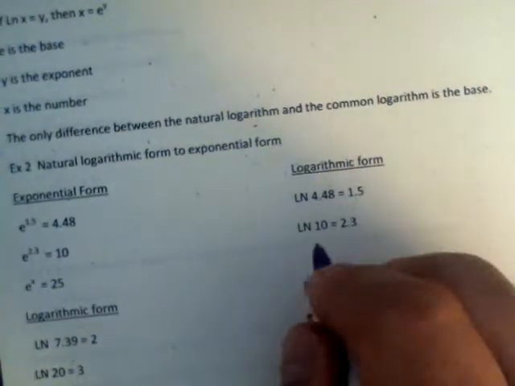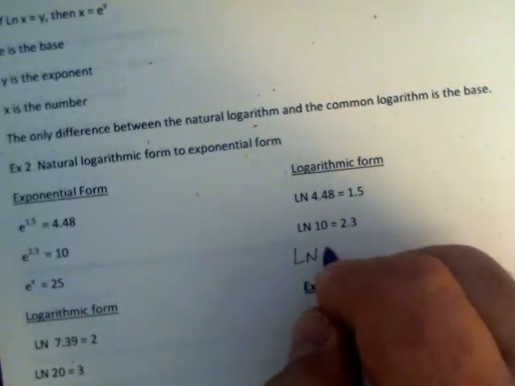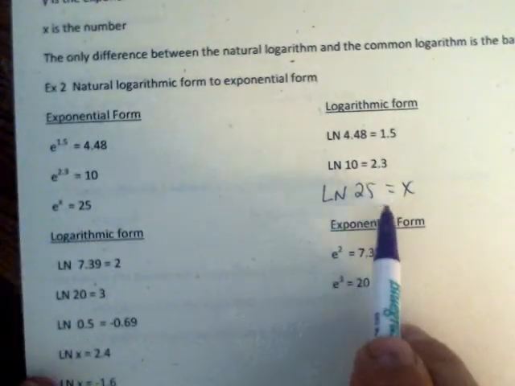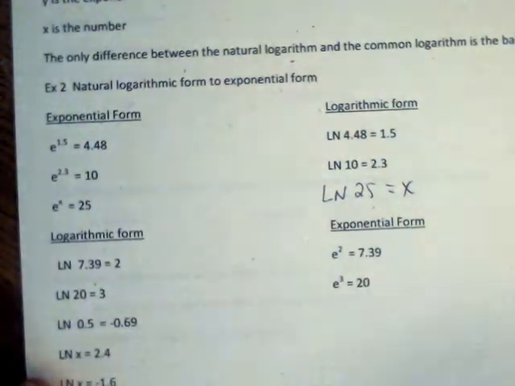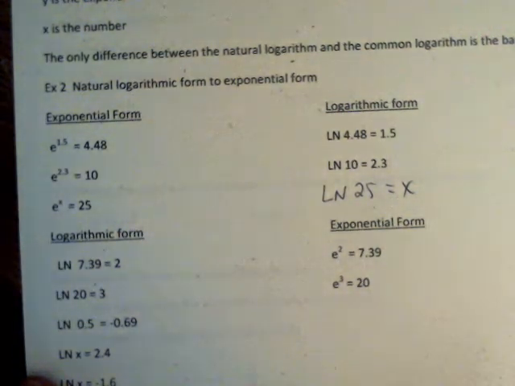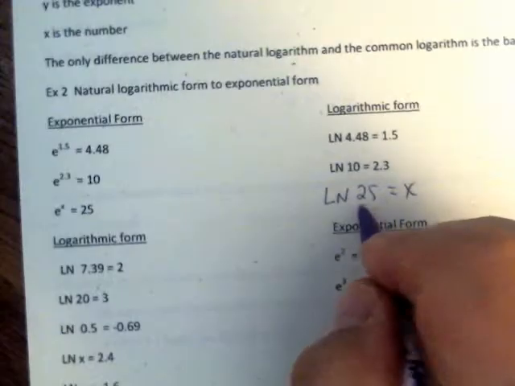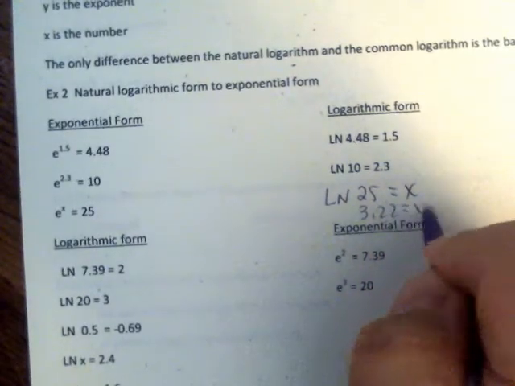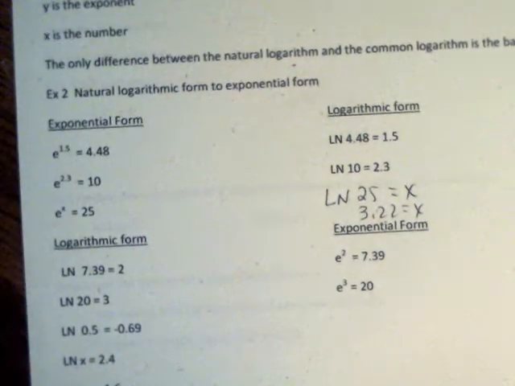So if I have e to the x is 25, I can say natural log 25 equals x. I can punch this into my calculator, and anytime I do a logarithm, I am getting an exponent. So this is 3.22, which would be my power of e that gives me 25.